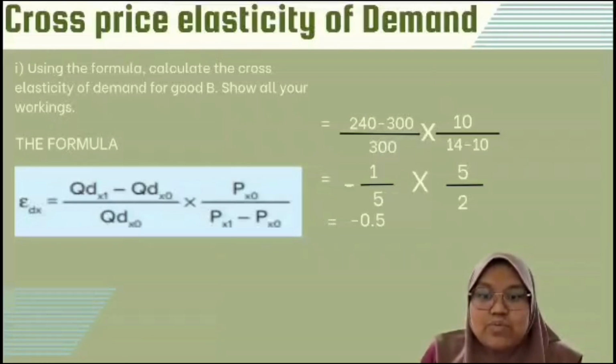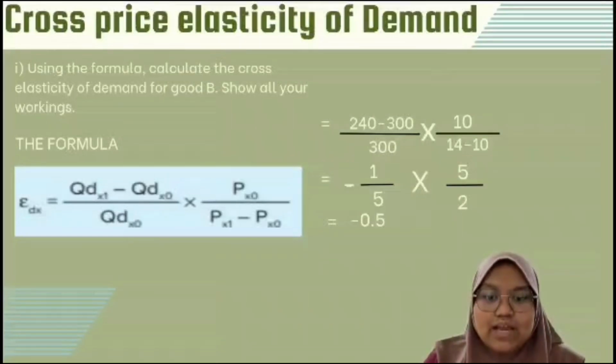So Q1 is 240 minus Q0 is 300 divided by Q0 is 300 times P0 is 10 divided by P1 is 14 minus P0 is 10. So we got negative 1 divided by 5 times 5 divided by 2 equals negative 0.5.